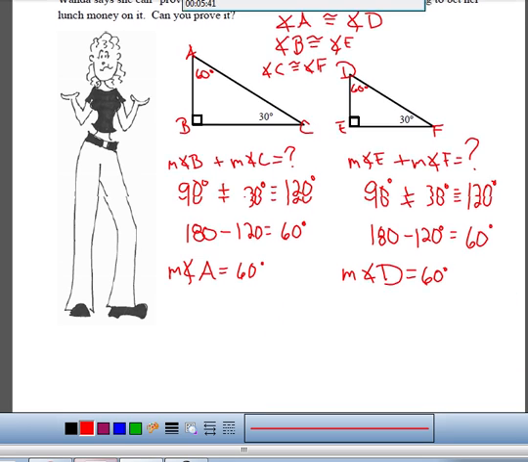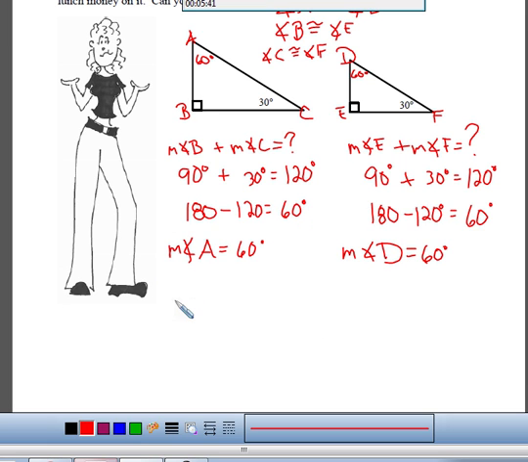So we're going to write our proof statement, our final statement, to answer the question. We're going to use something called dot, dot, dot. It's like 3 dots in the shape of a triangle. What that means is, therefore.